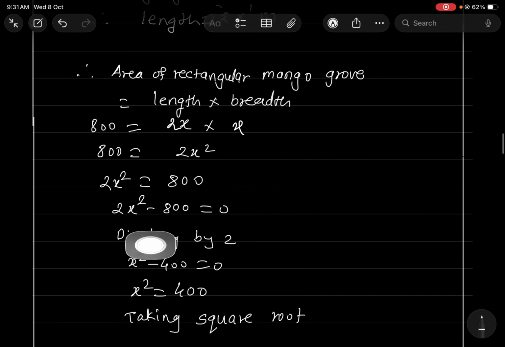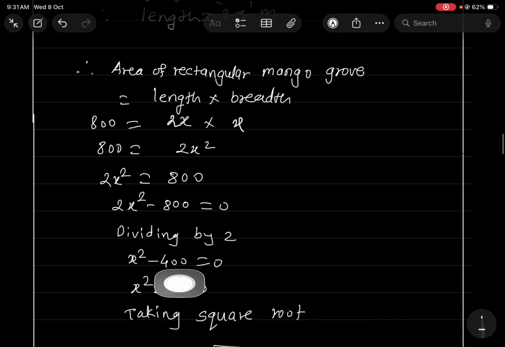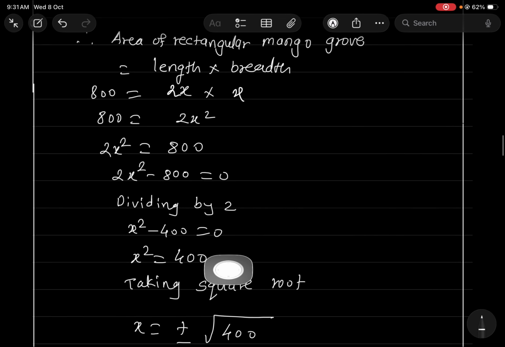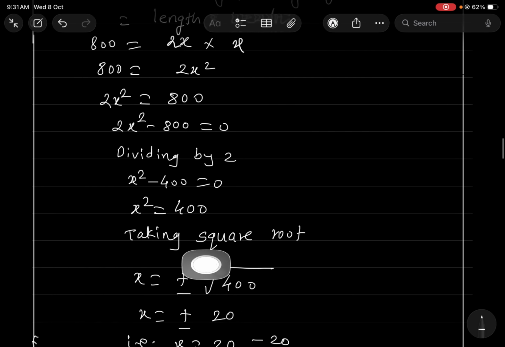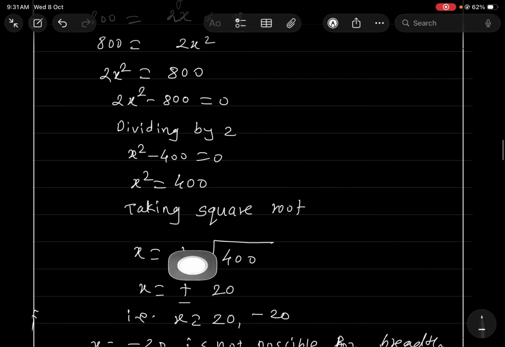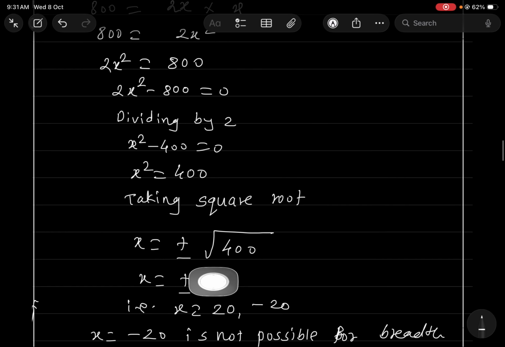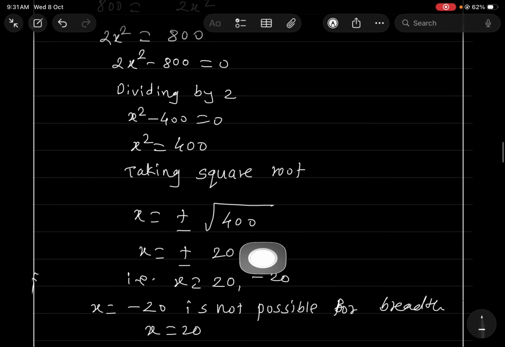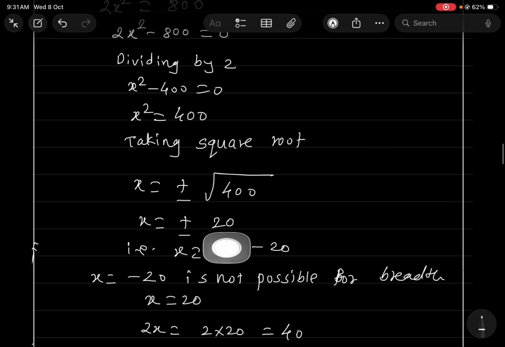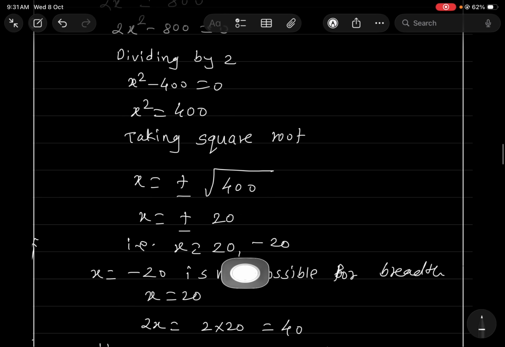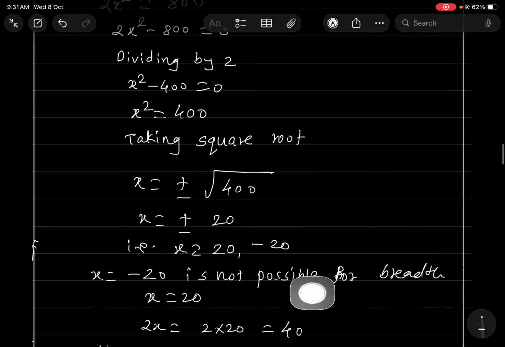Then dividing by 2, x square minus 400 equal to 0. So x square equal to 400. Then very simple, taking the square root: x equal to plus or minus square root of 400. The square root of 400 is 20, so x equal to plus or minus 20, that is x equal to 20 and minus 20.